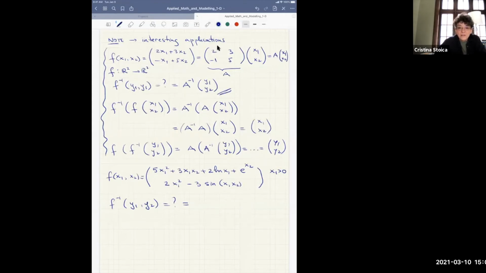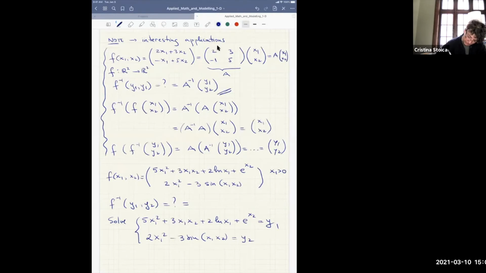Why am I saying good luck? This is equivalent to solving all this system for x1 and x2. Good luck.